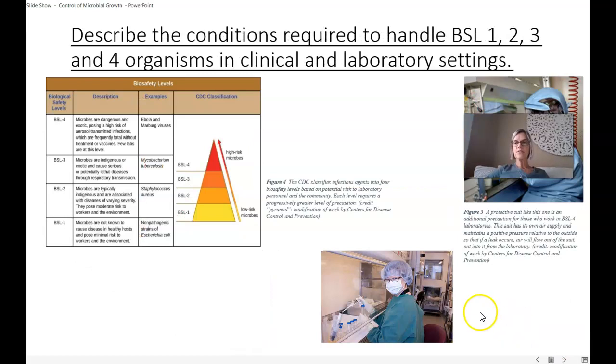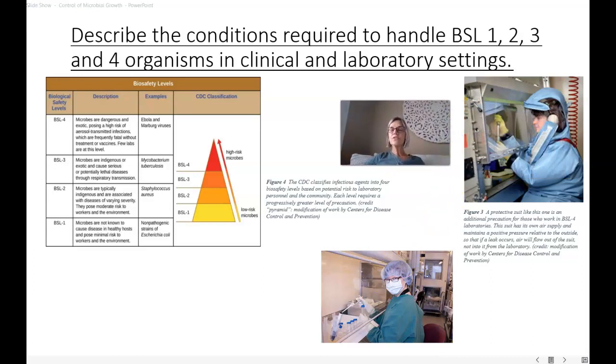Right here, and here, is where they put their bacteria and samples inside. When they're done, they turn on an ultraviolet light and they expose this whole inside area to ultraviolet light, and it will kill any bacteria that are left on the surface.